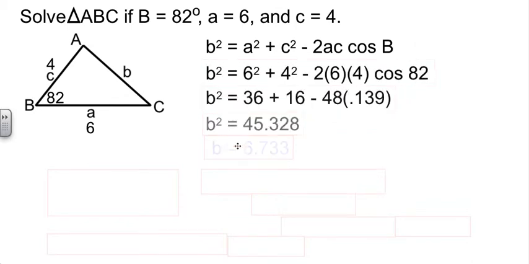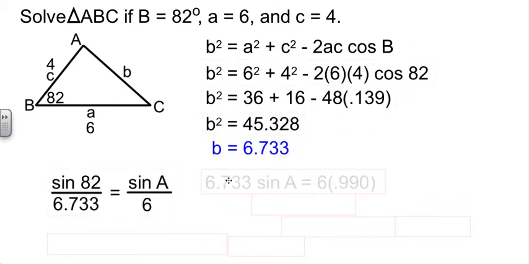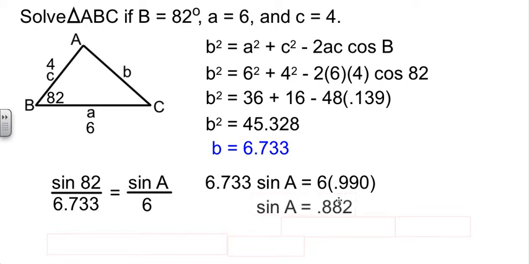Now if I cross multiply, and I find out sine of 82 as I go, then I can divide by the 6.733.